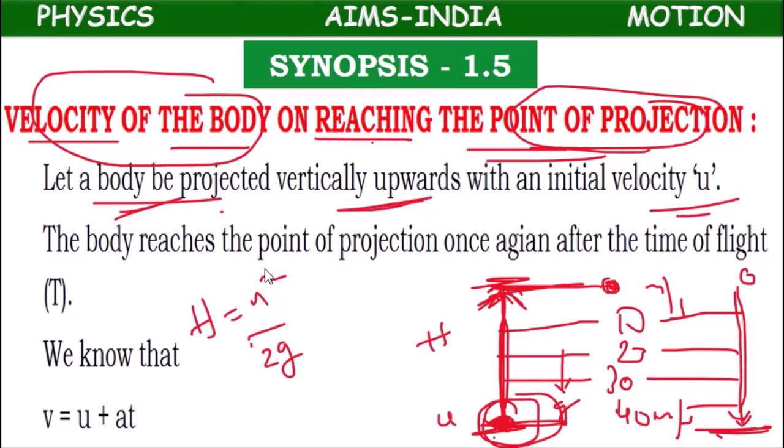So the body reaches the point of projection after how much time? While going up, time of ascent. While coming down, time of descent. This total of time of ascent plus descent is called time of flight.